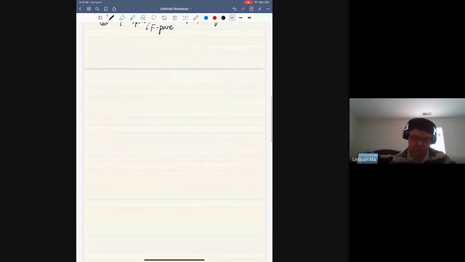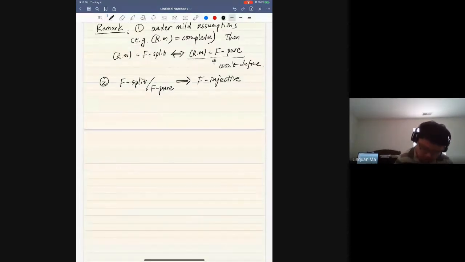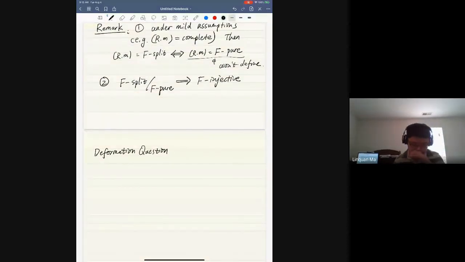Okay, and now let me focus on the deformation question. This is the question that I'm interested in. So what does it say? In the purely algebraic context, it says the following.